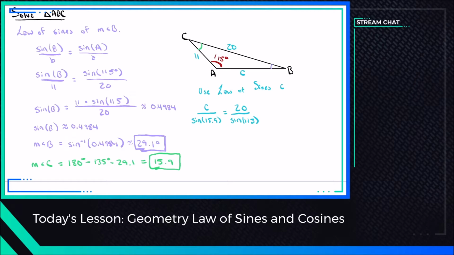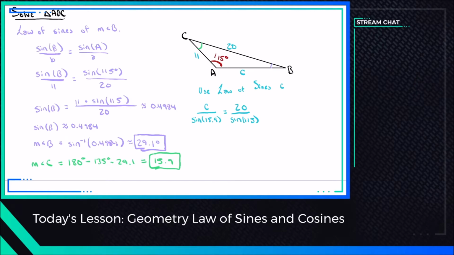And now we can solve for c by doing the following. So why don't we multiply the sine of 15.9 across? So c is going to be equal to the sine of 15.9 multiplied by 20 divided by the sine of 115.